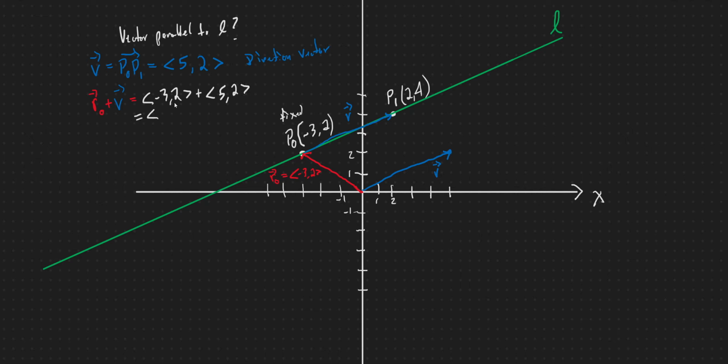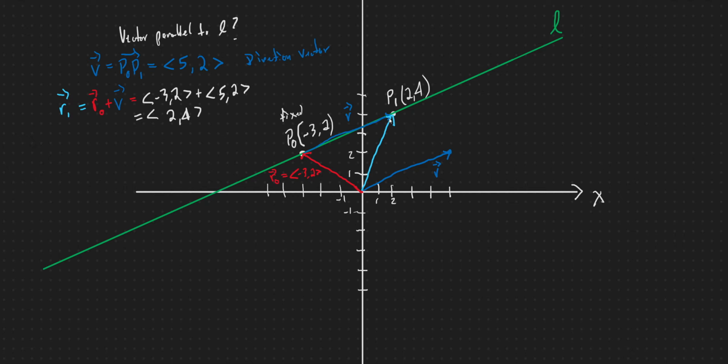And that gives us 2, 4, which is my position vector for P1. I'll put that in with a light blue. So this vector R0 plus V is this vector here. I'll call that R1.